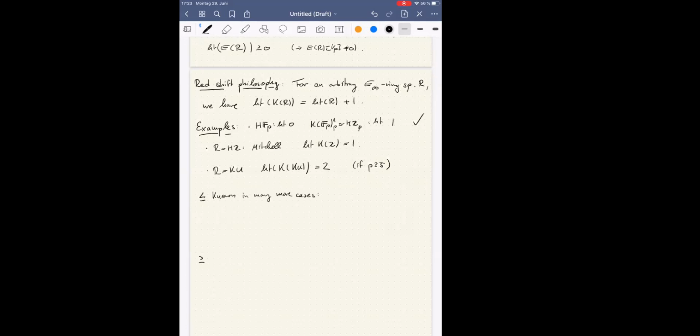So, for example, let me give you a more or less trivial example first. It's known for all Fp-algebras. Why is this? Say R is an Fp-algebra, then K of R is a K of Fp-module.